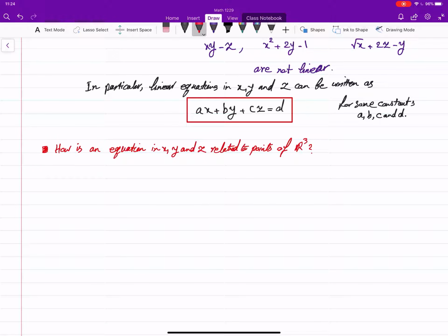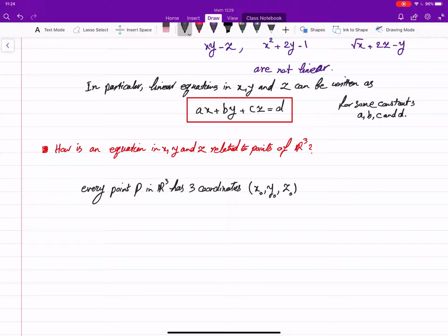Well, the point is that every point in R3 has three coordinates. So let me just write: every point in R3 has three coordinates, so one would be x0, y0, z0.